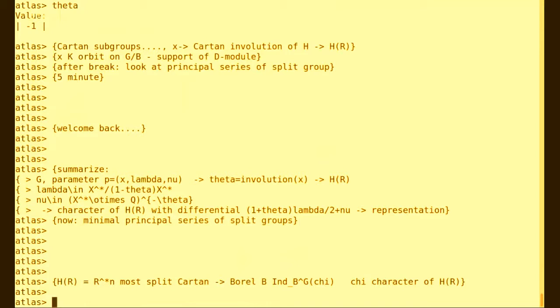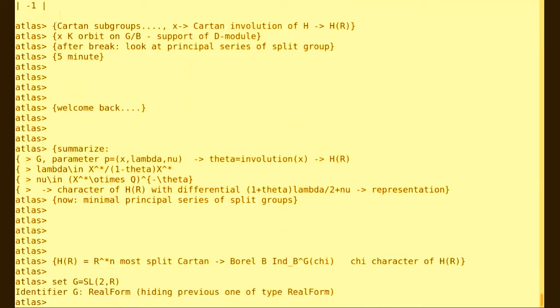So let's set G equal to SL2R, and let's set, I forget if I did this already, but I think I did, but I'll do it again just to be sure.